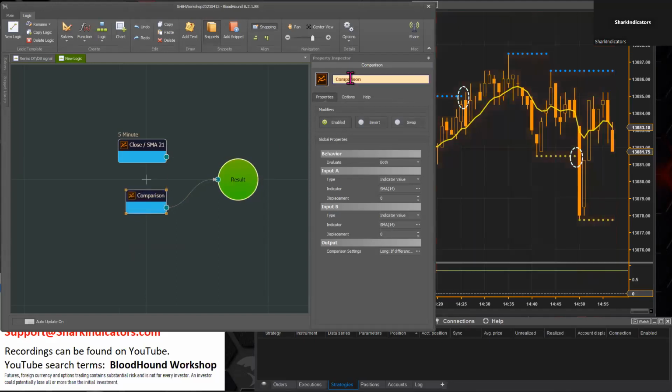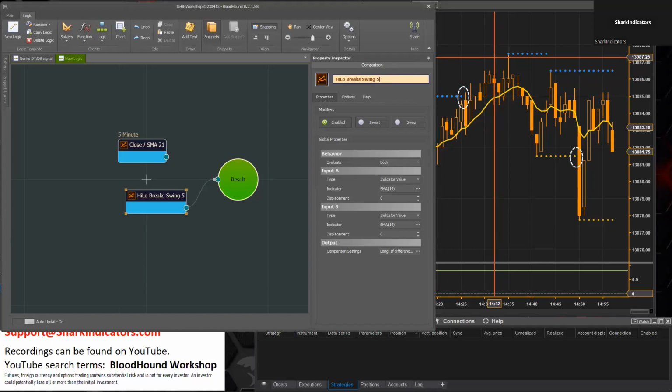Connect that in. And let's give this a name. So for a long, looking at the high price. For short, we're looking at the low price. All right, so we're looking for a break of the swing, and we're using a 5 period.